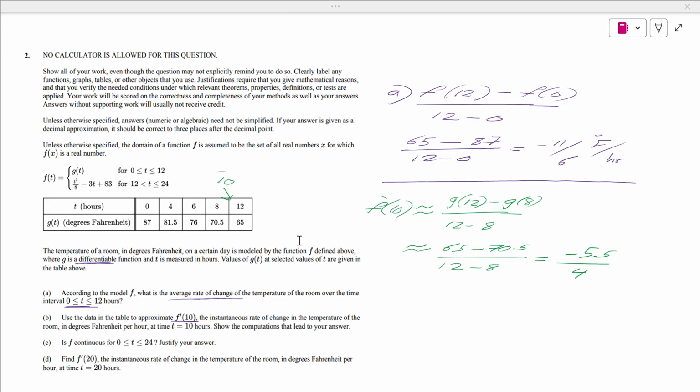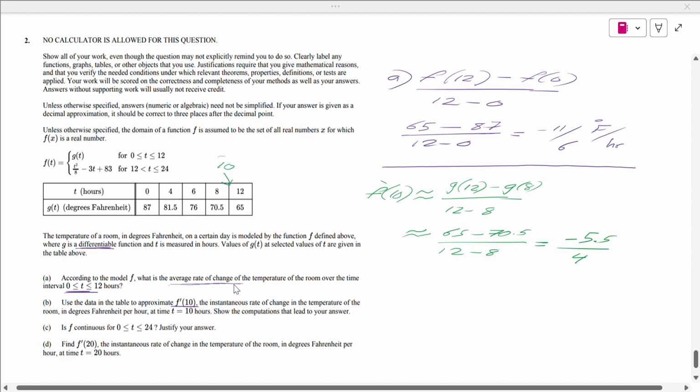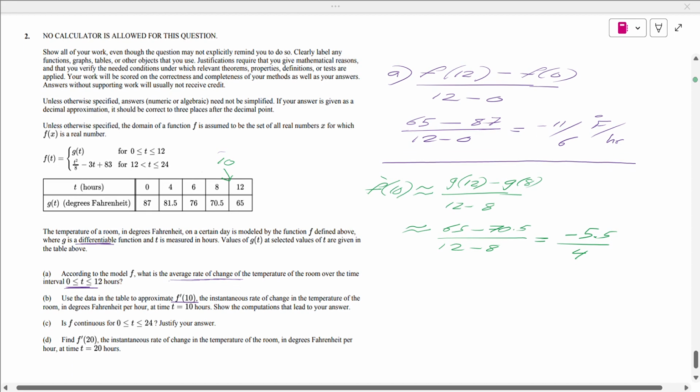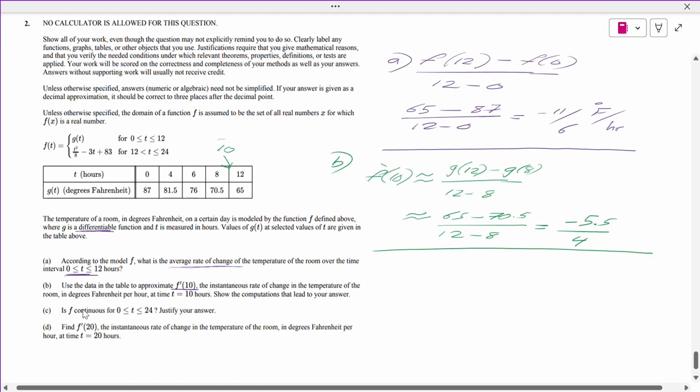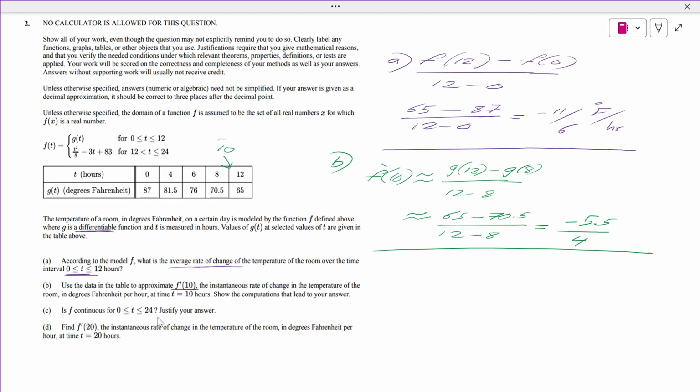Okay, so what about part C? What we did here was part B. Now part C says: is f continuous for 0 to 24? So we are justifying or confirming continuity over an interval, and the interval goes from 0 all the way to 24.